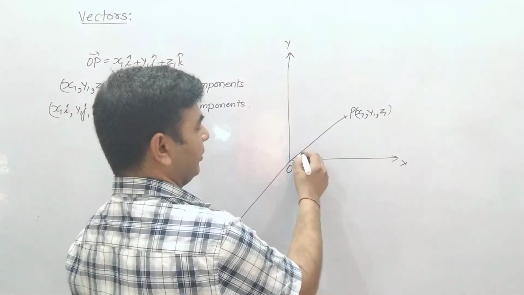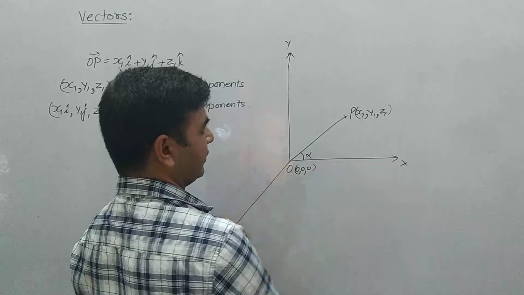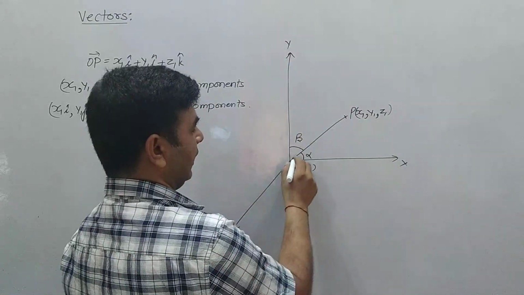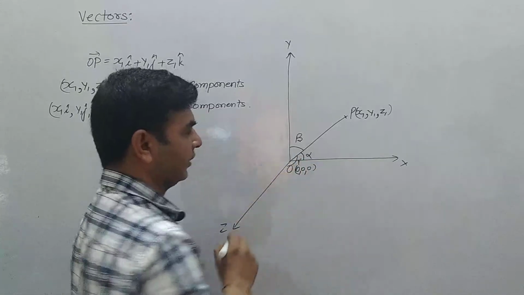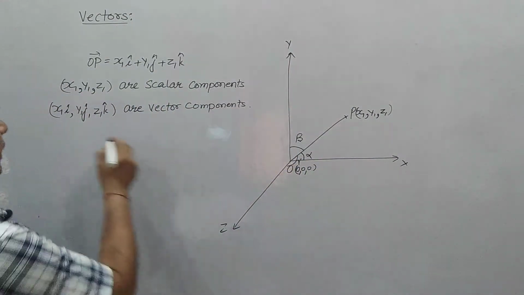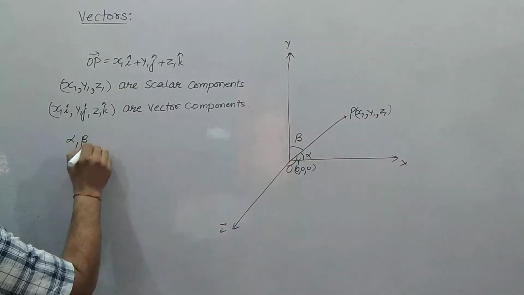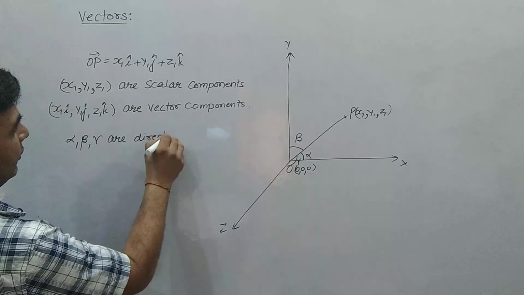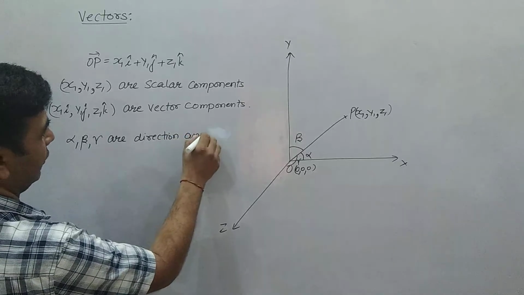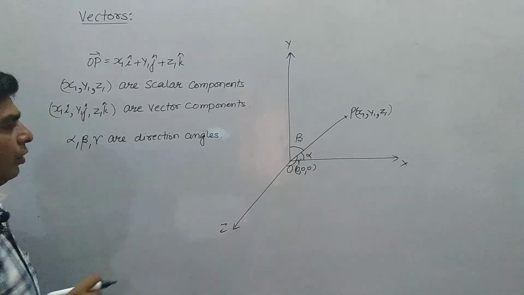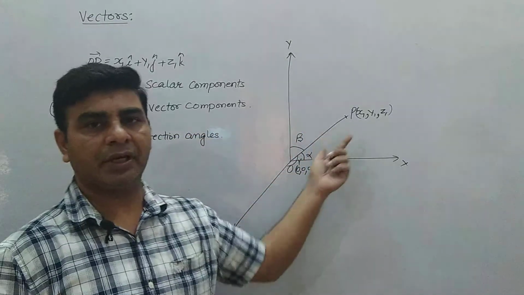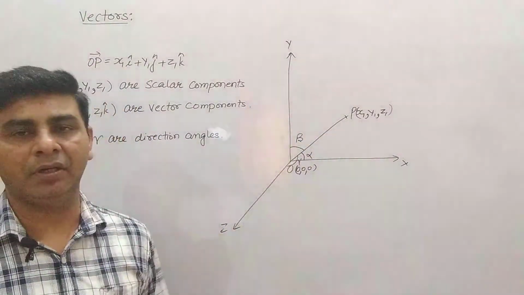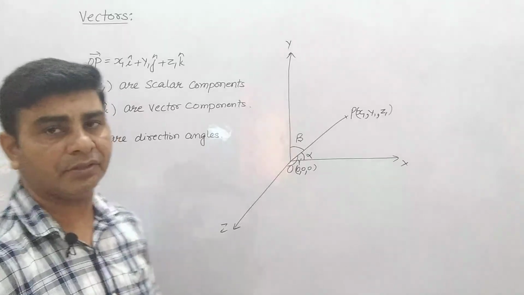Now let this vector OP make an angle alpha with the x-axis, beta with the y-axis, and gamma with the z-axis. Then alpha, beta and gamma are known as the direction angles, because the vector OP is making alpha with the x-axis, beta with the y-axis and gamma with the z-axis.